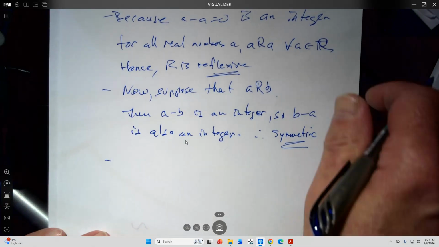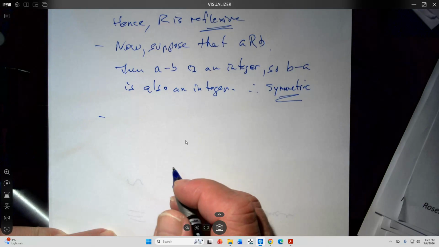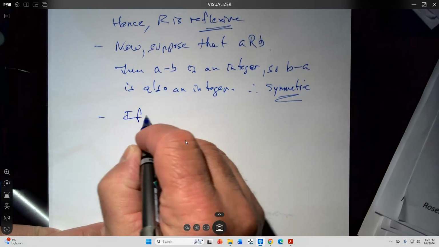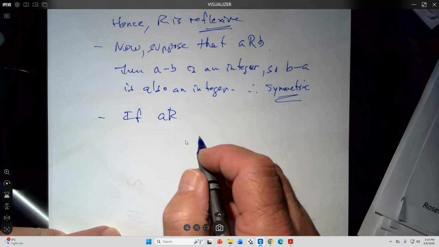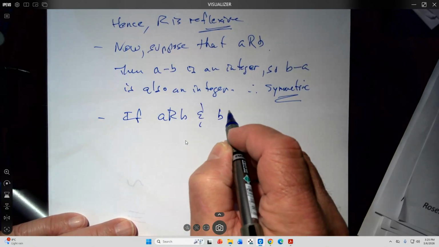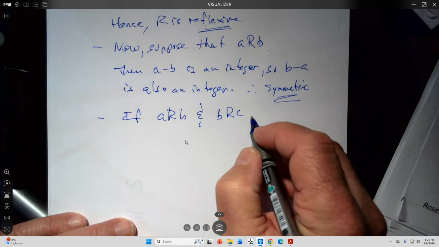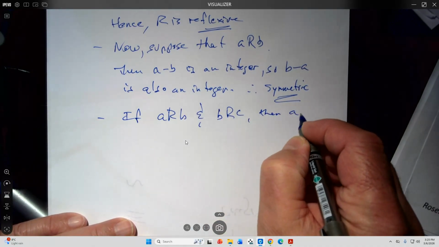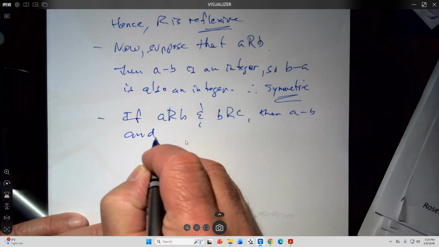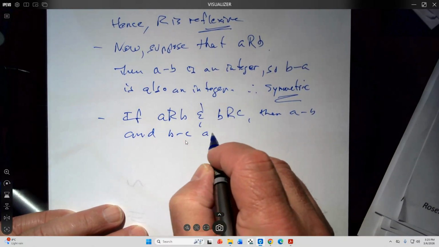Now we're going to show that it's transitive. Okay. If A is related to B, and B is related to C, then A minus B and B minus C are integers.